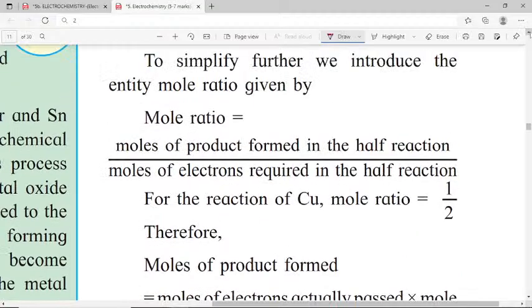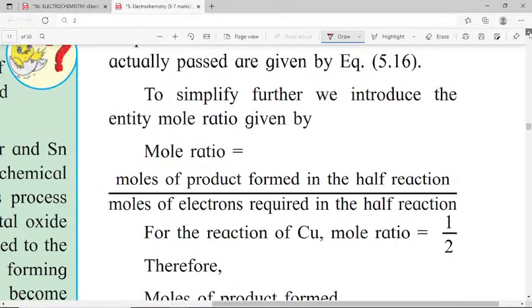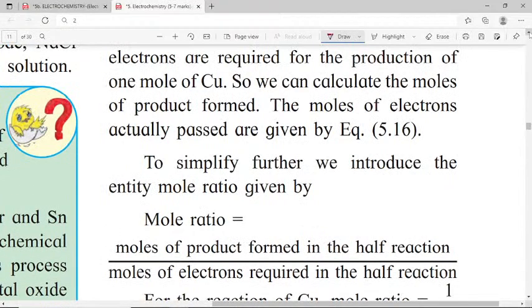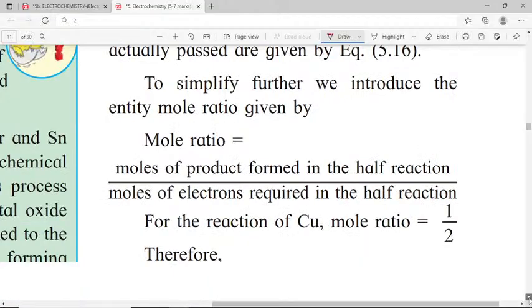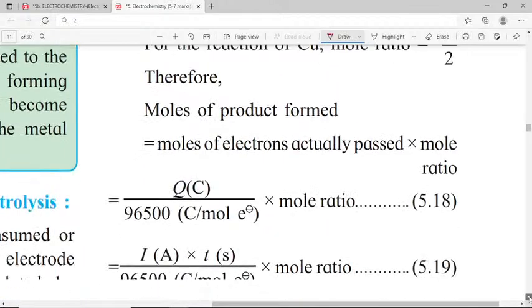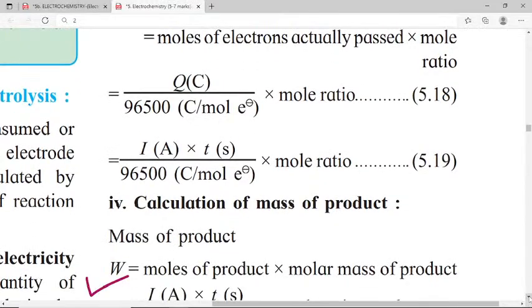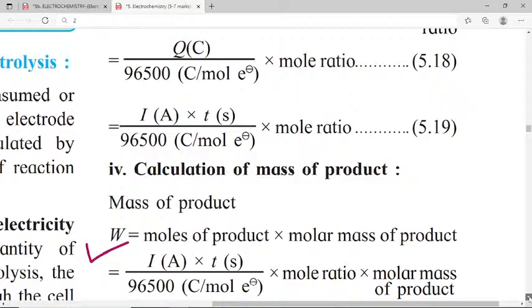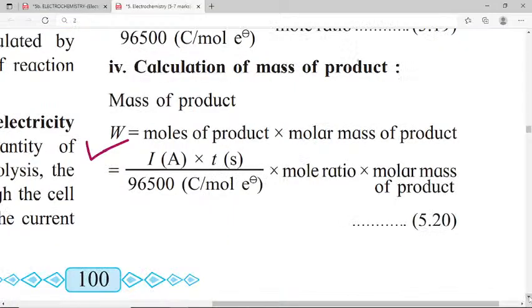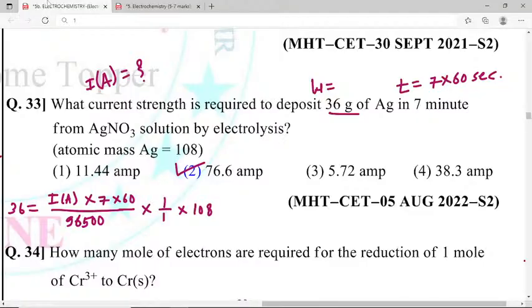Mole ratio is moles of product formed in the half reaction divided by the moles of electrons required. Get it? So all these are the formulas we have to use in this session. Okay, now start the next question.